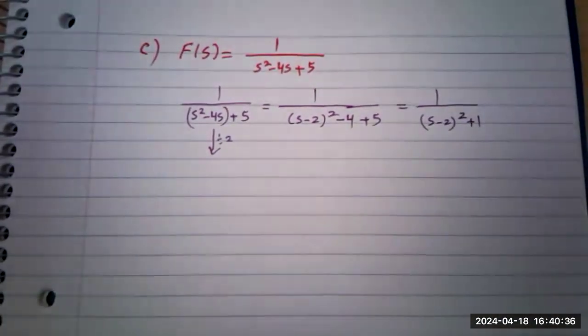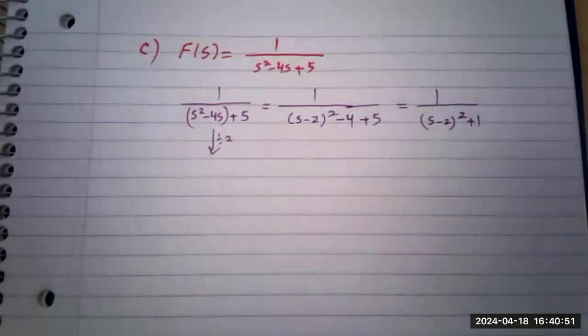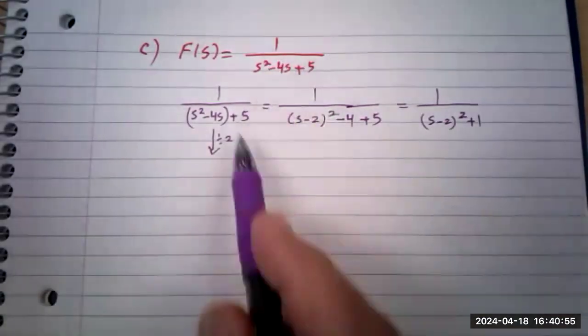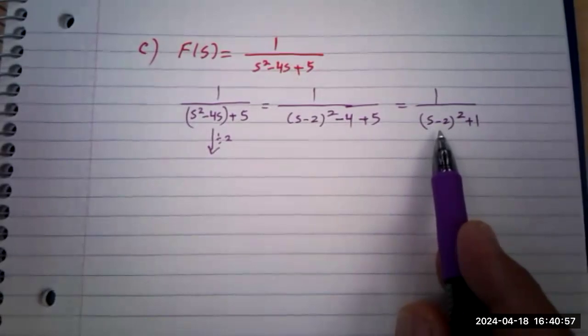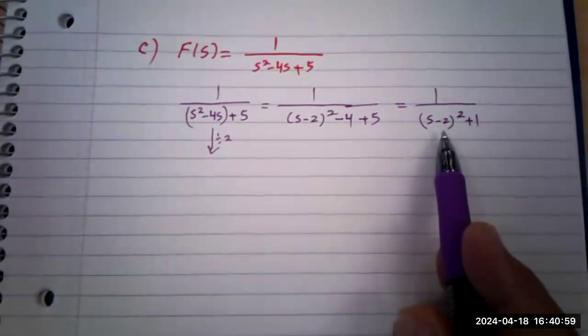So you call s minus 2 s. You have 1 over s squared plus 1, which is the Laplace transform of sine t. But you have this translation that you have to apply. The translation that you have is e to the 2t.